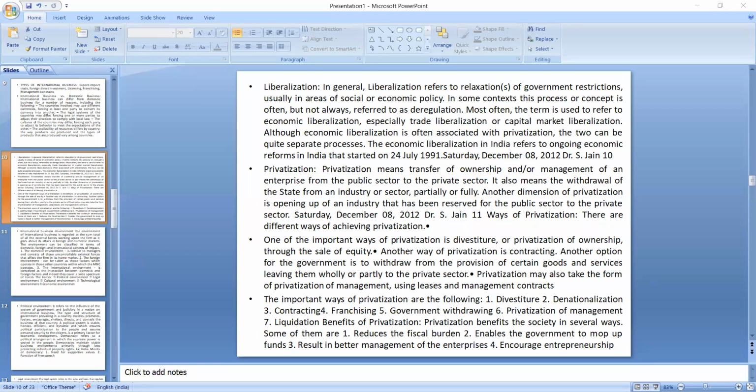Just a minute. So can you see this? Yes, sir, we are able to see it. Is it a new slide or the old one? Sir, the new slide is not the same.